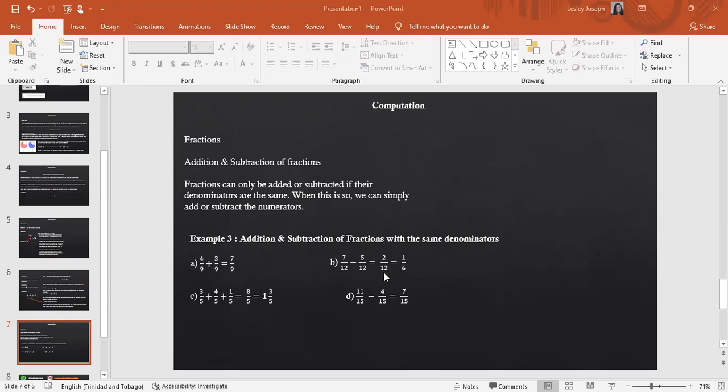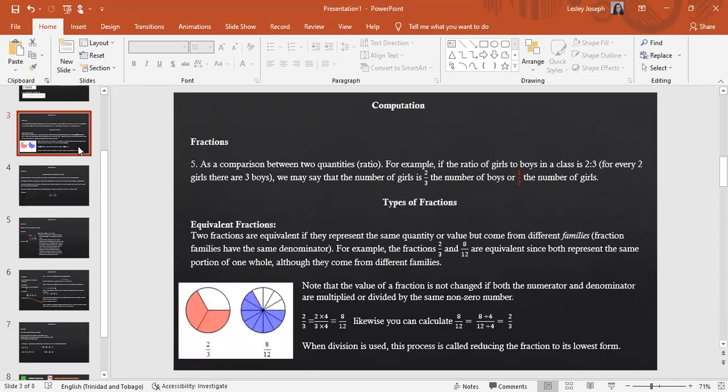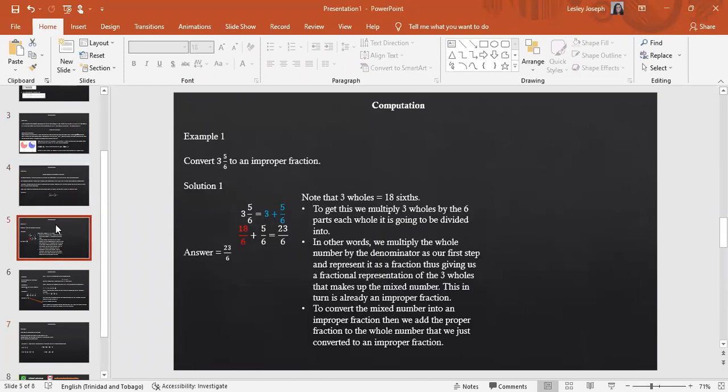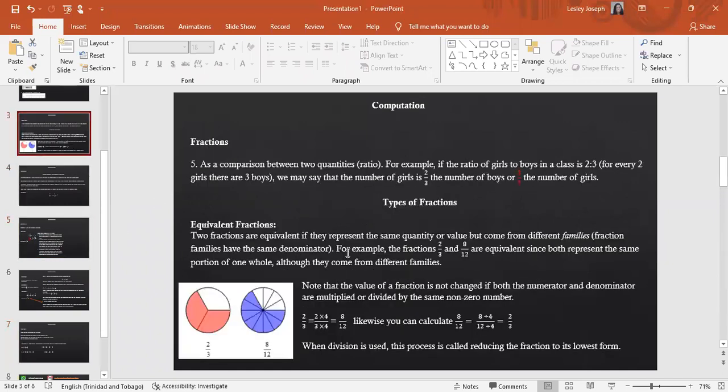Now, this is something that I want you to take note of. Our final answer is not 2 twelfths. If you recall earlier in class, when we were dealing with equivalent fractions, right? I'm sorry about the error from before.